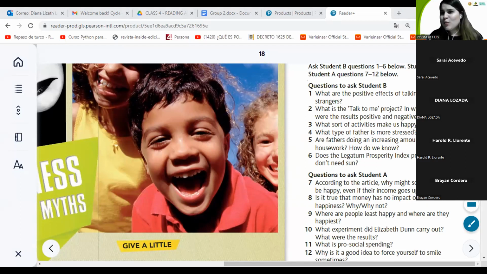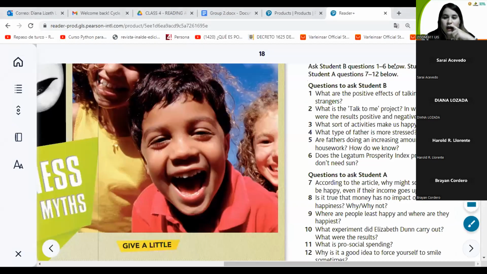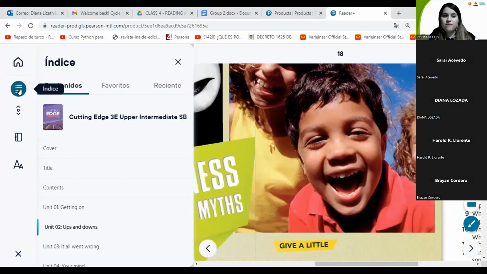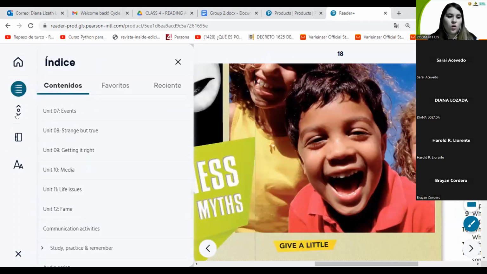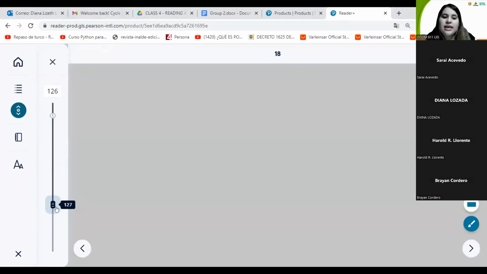We were so happy talking about happiness that I forgot to mention there is a second reading on page 127. Diana, can you please go to page 127? Yeah, there we go.